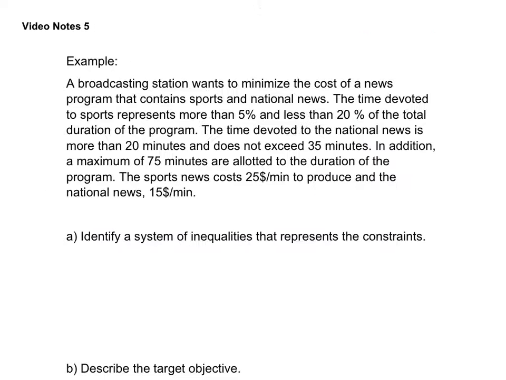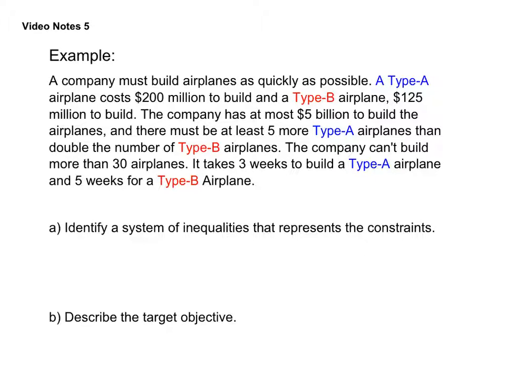So now we're going to do this one. A company must build airplanes as quickly as possible. A Type A airplane costs $200 million to build, and a Type B airplane costs $125 million to build.